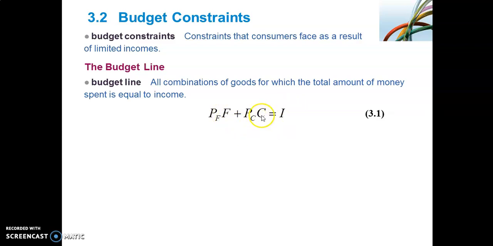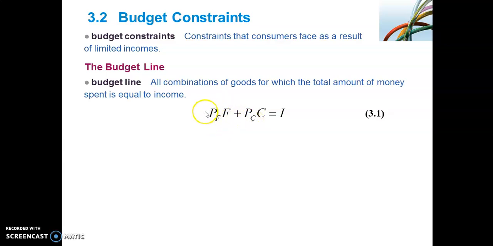F and C represent our two goods and the quantities thereof. So this represents food and that represents clothing. And P with the subscript F and P with the subscript C represent the price of food and price of clothing respectively.